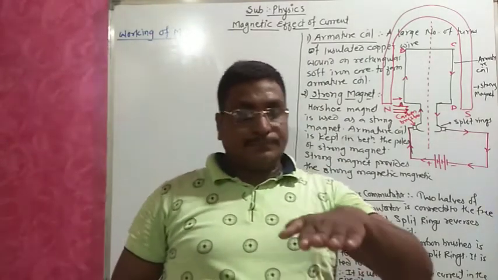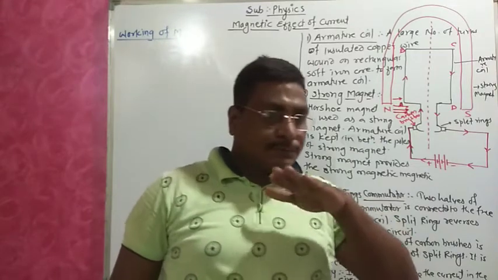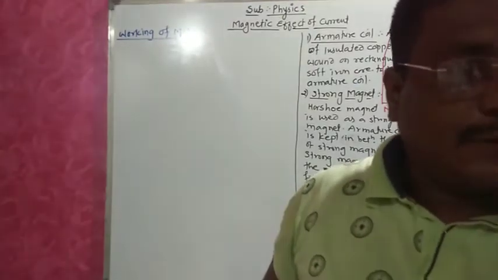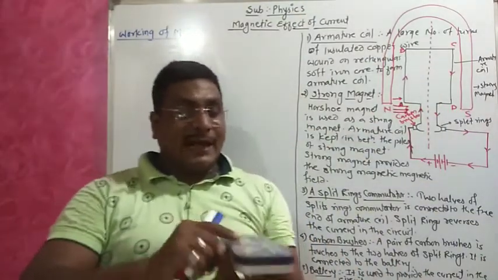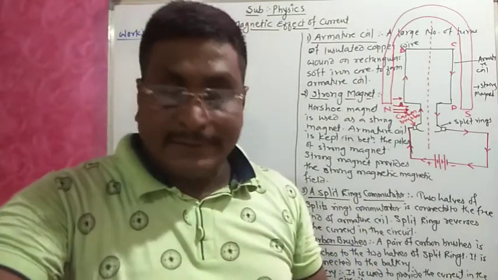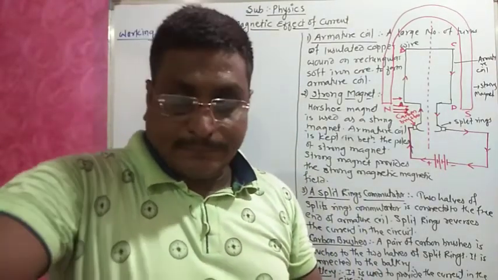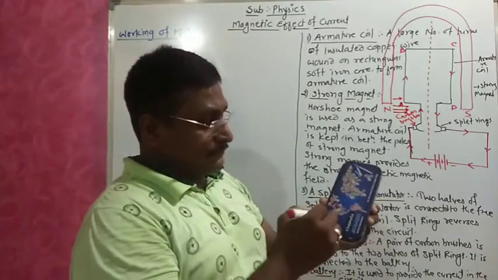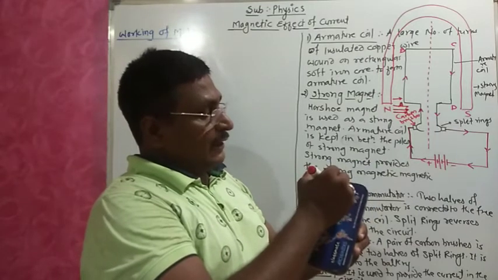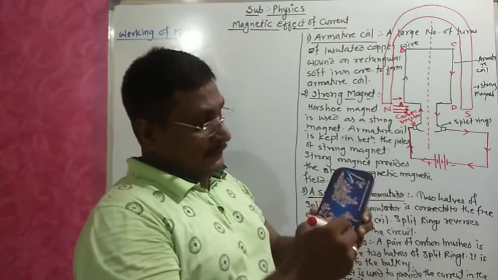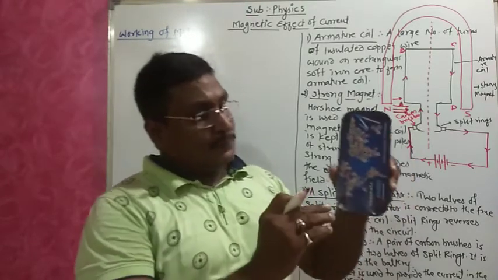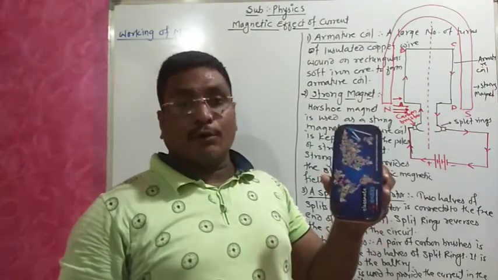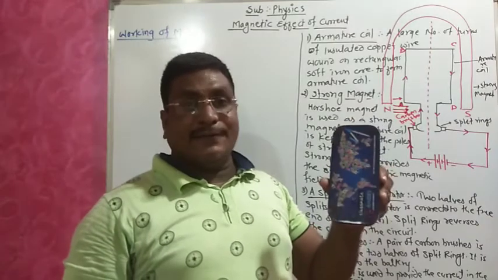For example, this is the armature coil. So I will take here, suppose this is the armature coil. Here I am writing, suppose this A terminal, here B, here C, here D. Now you are observing here A, B, C, D. These are the arms of the armature coil and it is kept in the magnetic field.